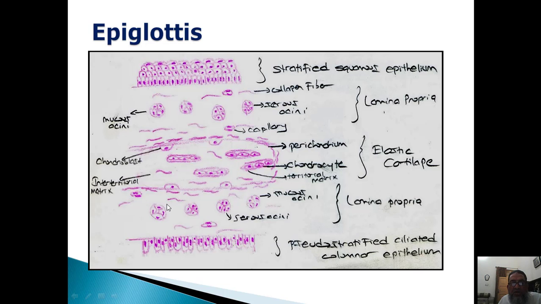This lamina propria contains serous acini and loose connective tissue, and then toward the laryngeal side, through the larynx, the epithelium changes to pseudostratified columnar ciliated epithelium. So double epithelium, double lamina propria, with elastic cartilage as the sandwich. This is the typical feature of the epiglottis.